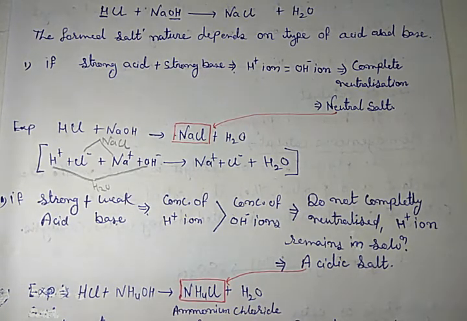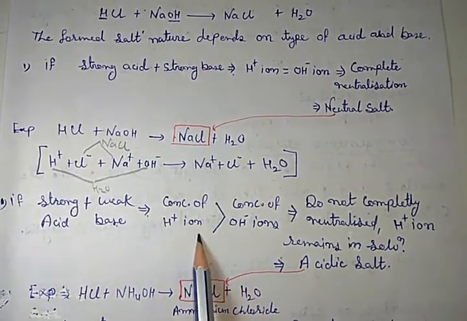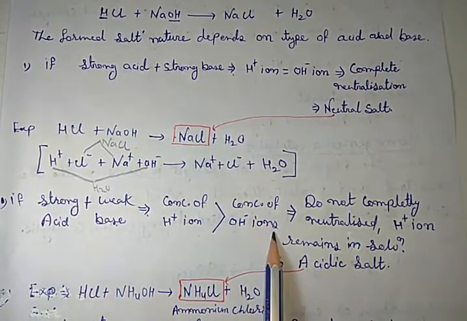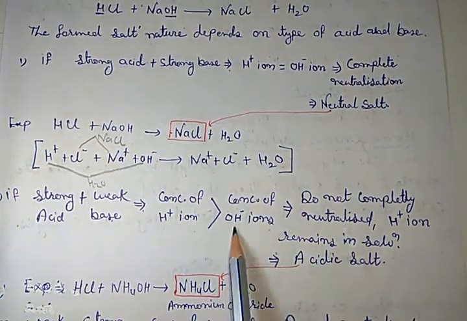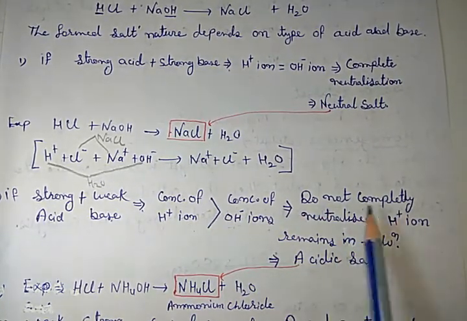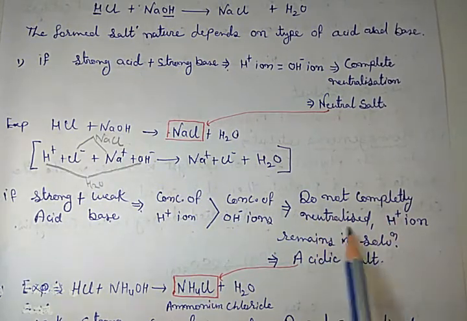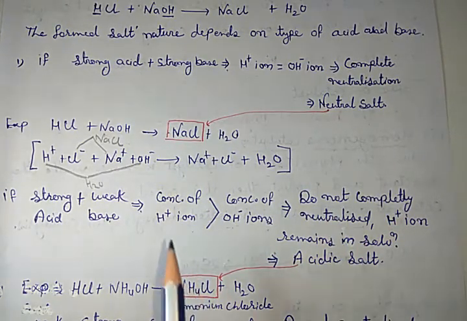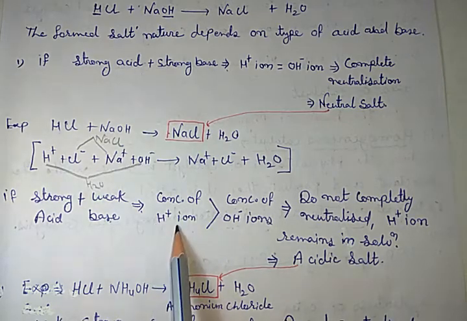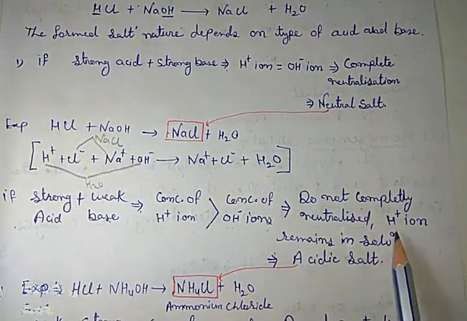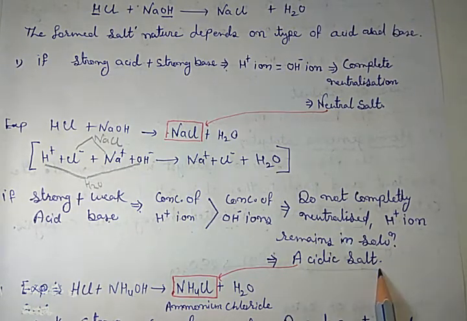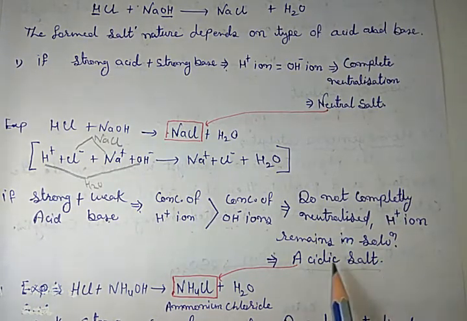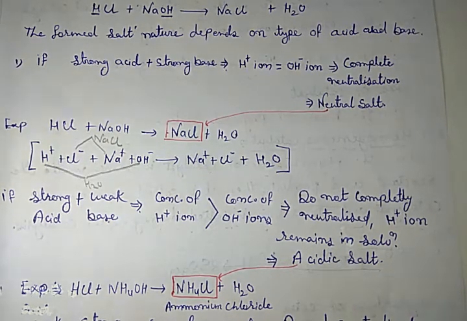Hence, in this condition, the concentration of H+ ions will be greater than the concentration of OH- ions. Since they are not equal, these ions do not completely neutralize each other. Which ions remain? H+ ions remain in solution, which gives the acidic salt. Because of that, the nature of the solution is acidic, and the nature of the formed salt is also acidic.